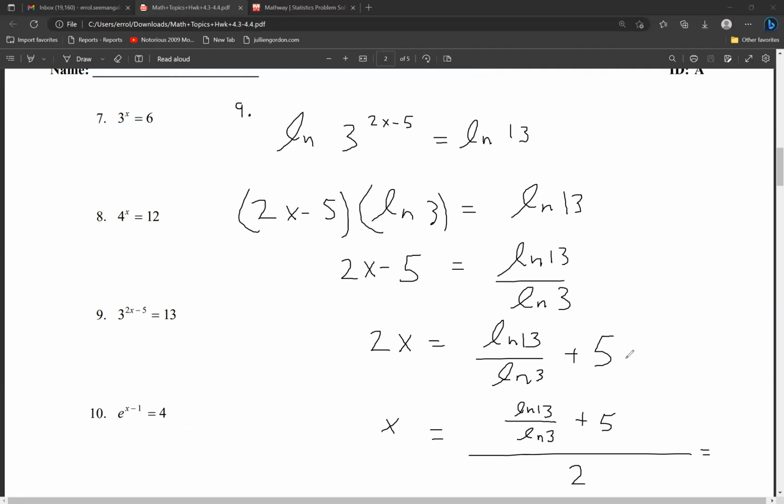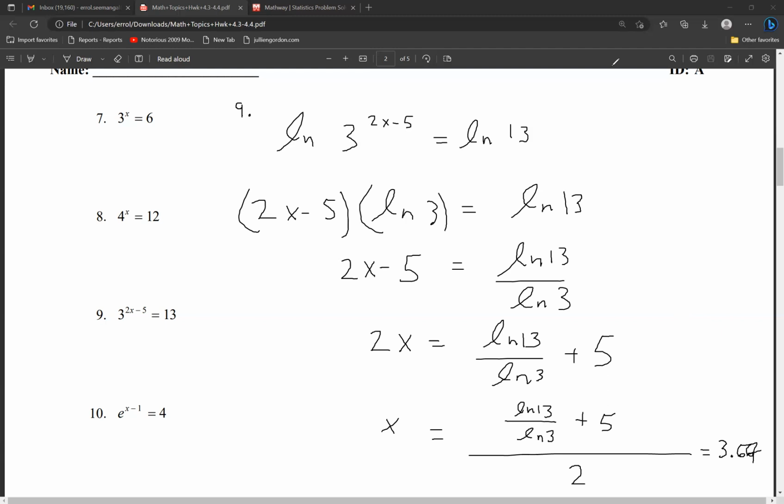What's the decimal? So the ln's plus the 5 is 7.33, and then divide that by 2, and the total is 3.667. All right, 3.67.